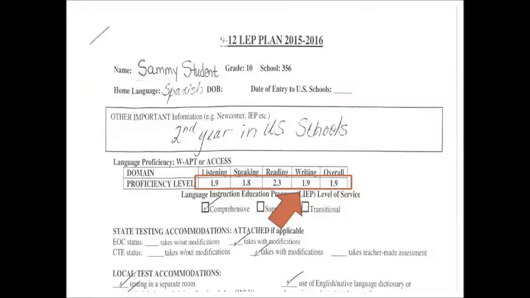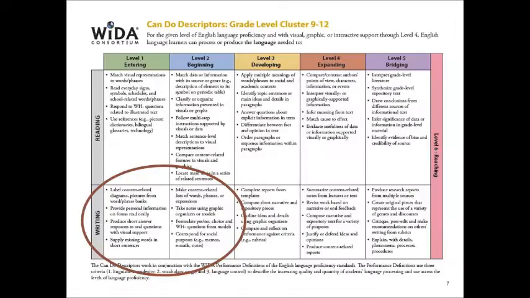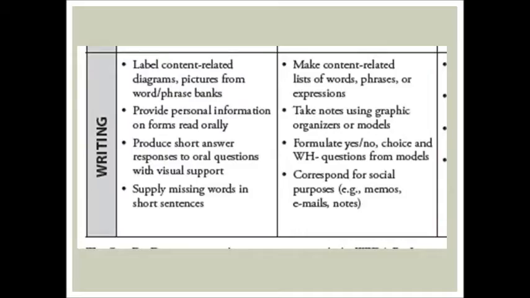At a writing level of 1.9, he should be able to label diagrams using a word bank, provide personal information on a form that's read orally, supply missing words in a short sentence, begin to formulate yes/no choice and WH questions from models, and correspond for social purposes.